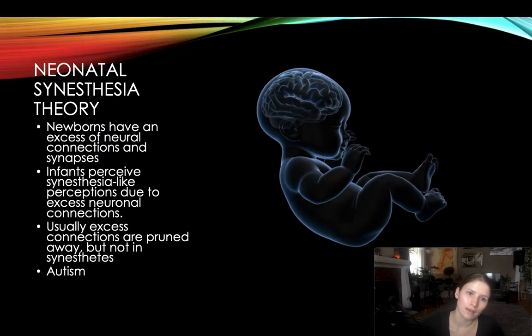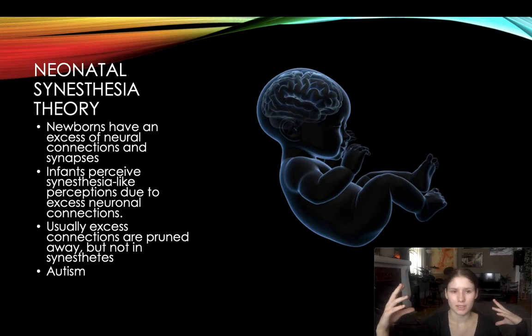So, the neonatal synesthesia theory. This is basically saying that newborns have excess neural connections and synapses. And they're saying that infants actually experience synesthesia-like perceptions due to this excess of neural connections.